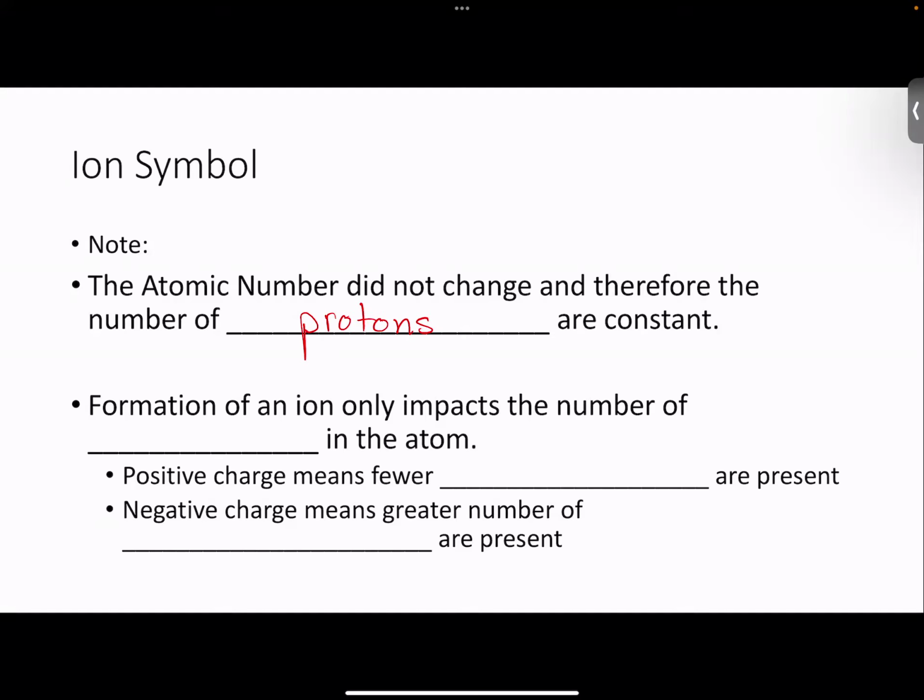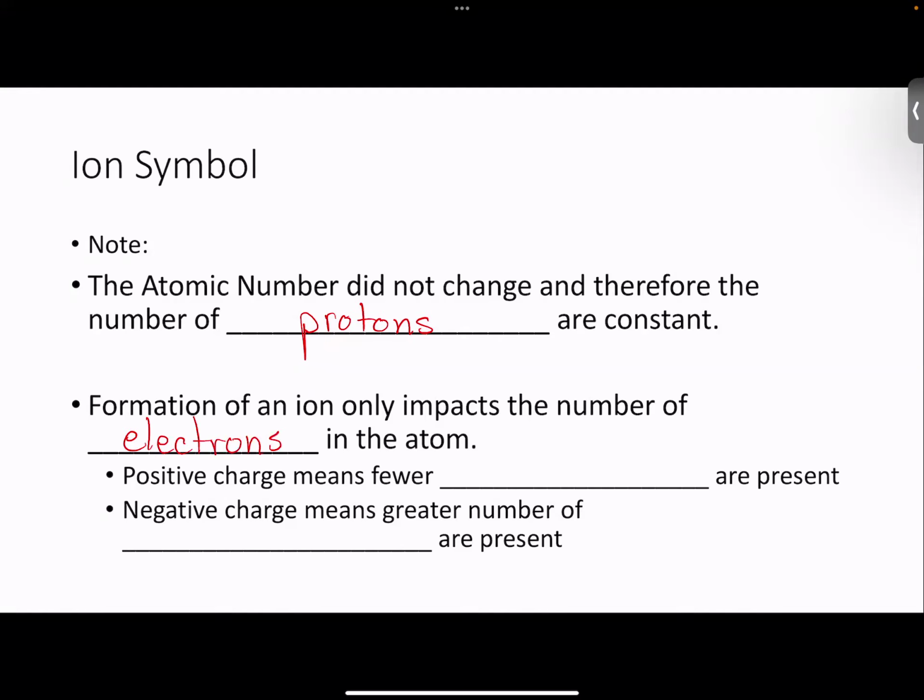That is because the electrons are responsible for the element's reactivity. They're the only thing that can be manipulated by the loss or gain of. Therefore, the formation of an ion only impacts the number of electrons in the atom.